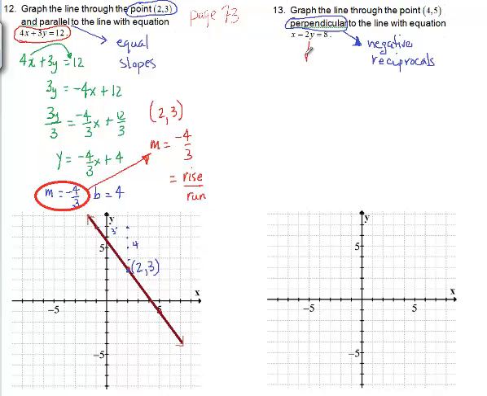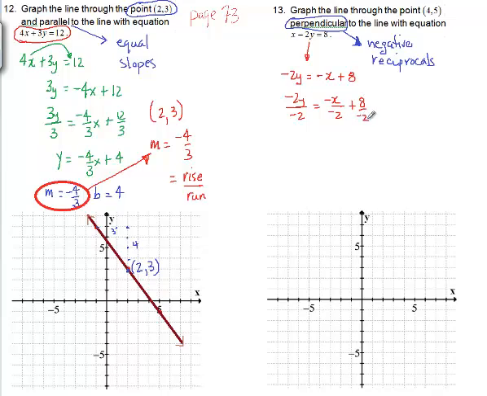So let's solve for y again right here. Negative 2y: I move the x over, or subtract x from both sides, whichever way you want to say it. There's negative 2y equals negative x plus 8. Now divide each number by the coefficient of y, which is negative 2.